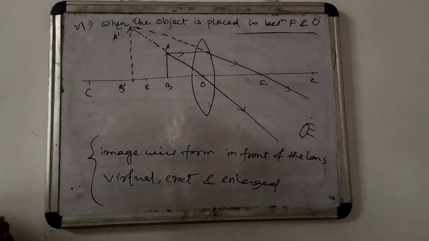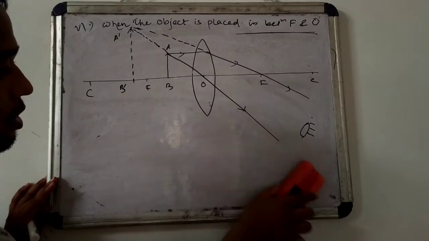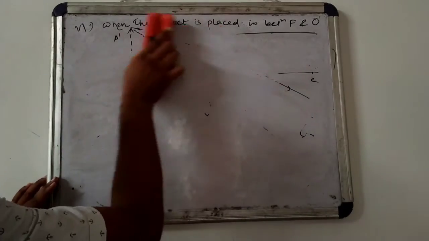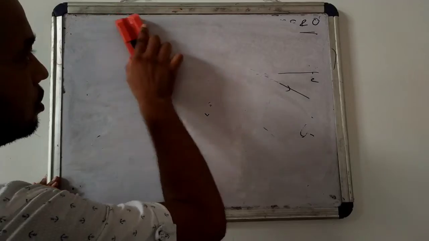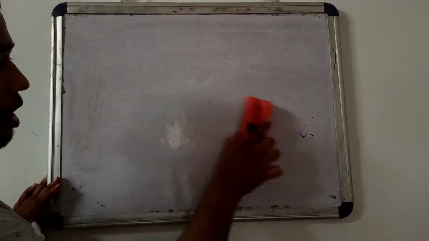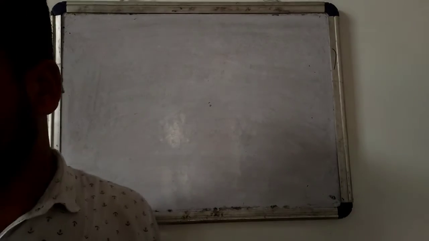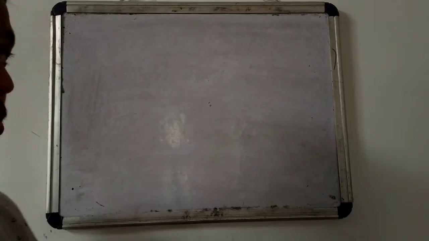Okay, now we will discuss the image formation in case of concave lens. So in concave lens, only virtual image is formed. No real image we can get from concave lens.